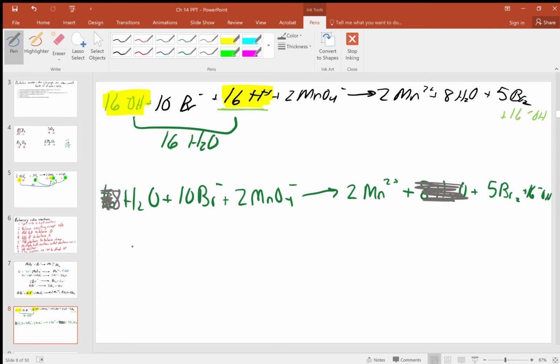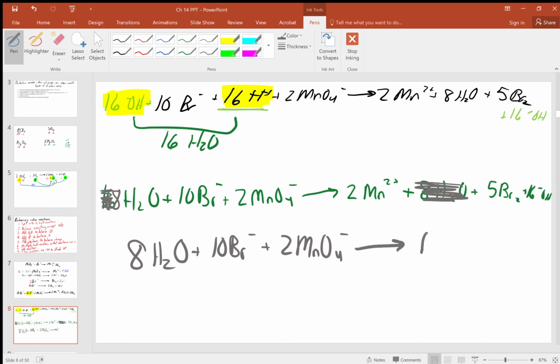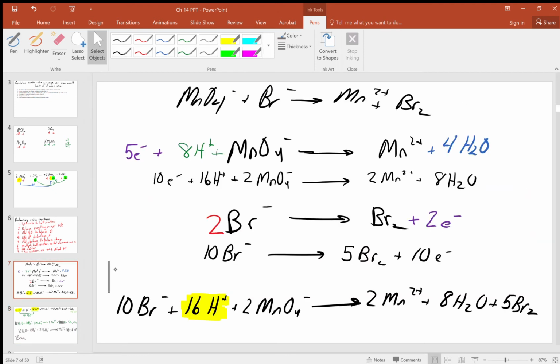So our final balanced equation under basic conditions is 8 water plus 10 bromide plus 2 permanganate reacts to form 2 manganese 2 plus, 5 bromine, plus 16 hydroxide. So this is balanced under basic conditions, and just to make the note, the one on the previous page was balanced under acidic conditions.